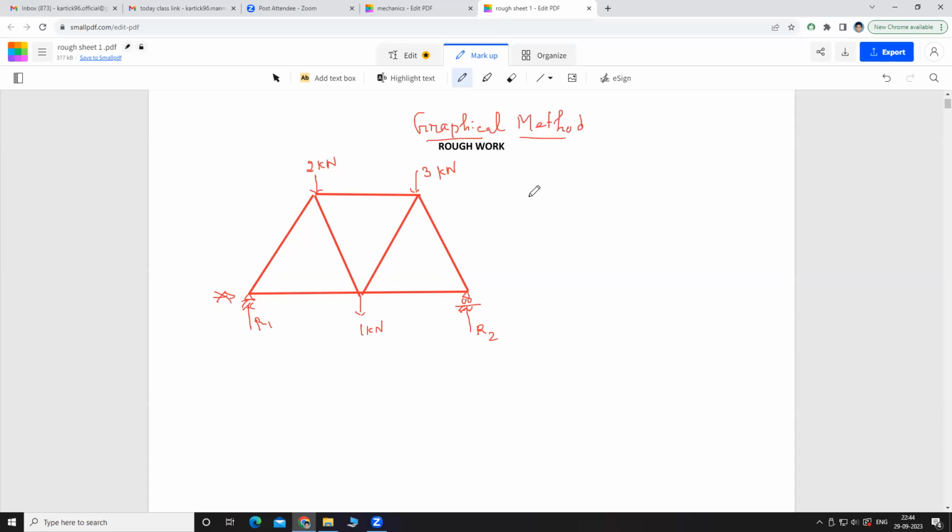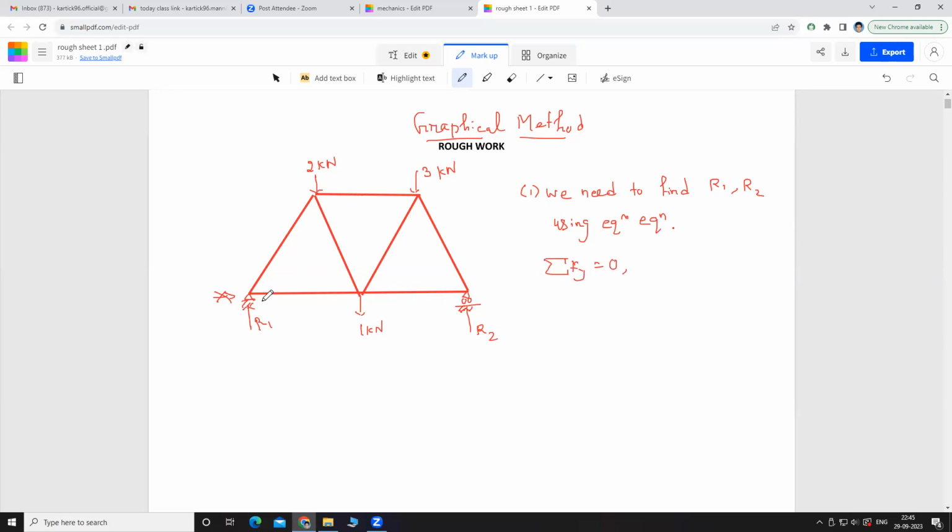So our first step in the graphical method is to find R1 and R2 using the equilibrium equations. Equilibrium equations mean the sum of all vertical forces is zero and the moment about any point is zero.